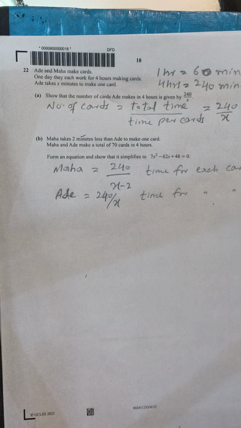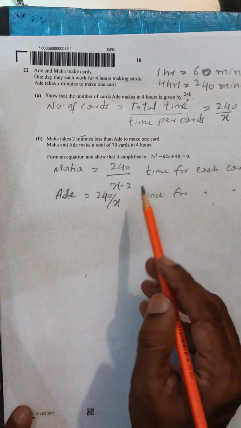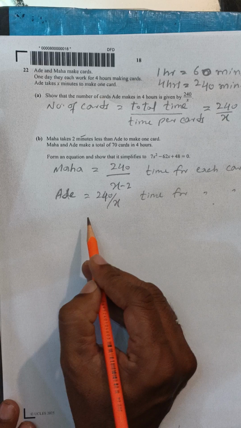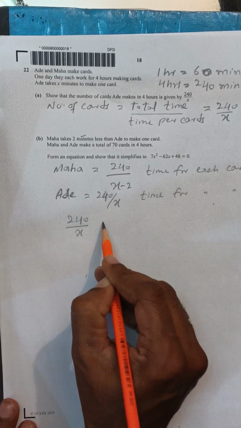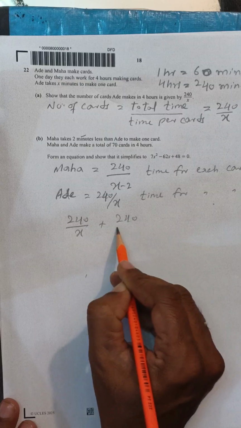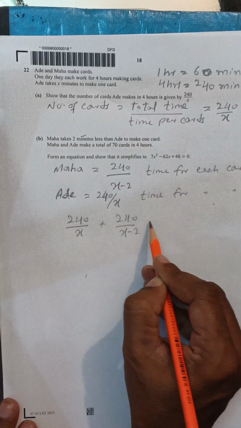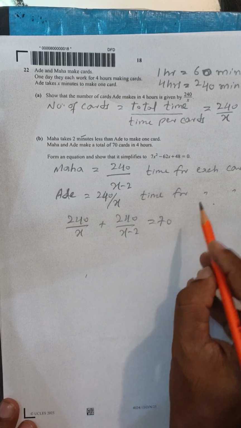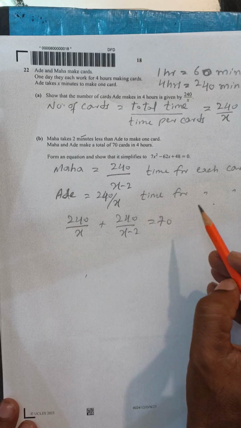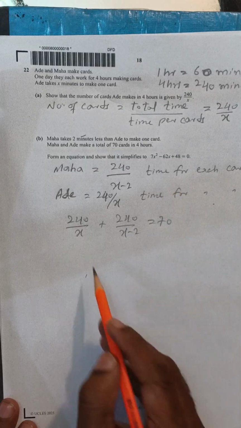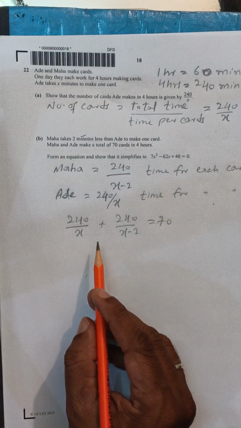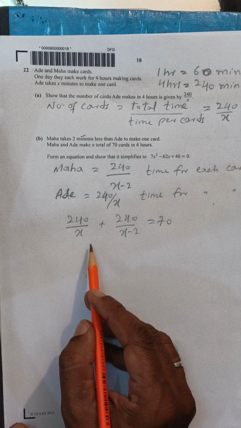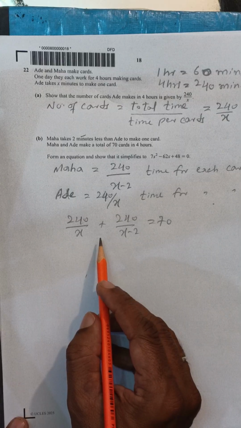So the equation is 240 divided by x plus 240 divided by x minus 2 equals 70.